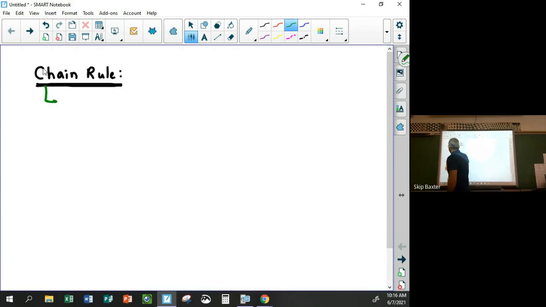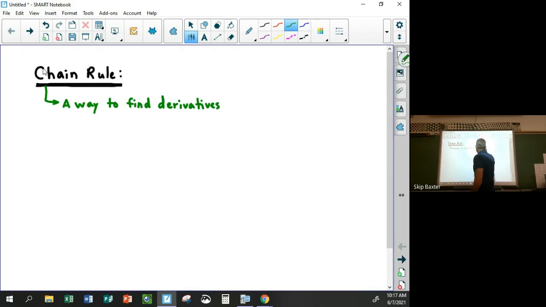That's what this is. It's a way to find derivatives of functions which are compositions of other functions.